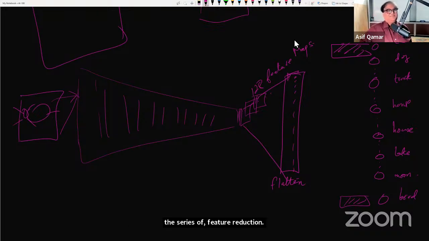While going through the series of feature reductions, we are sort of zooming out. It depends on the perspective of seeing it. The machine doesn't know what you want.